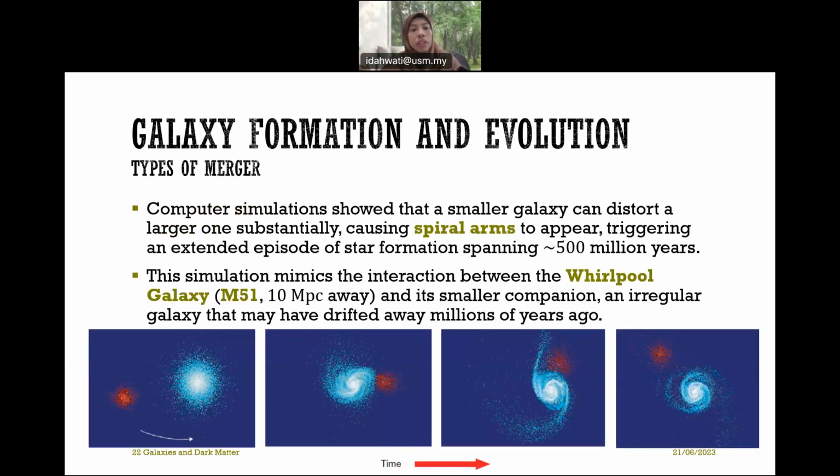This simulation mimics the interaction between the Whirlpool Galaxy M51 and its smaller companion, an irregular galaxy that may have drifted away million years ago. So this changes here against the time.